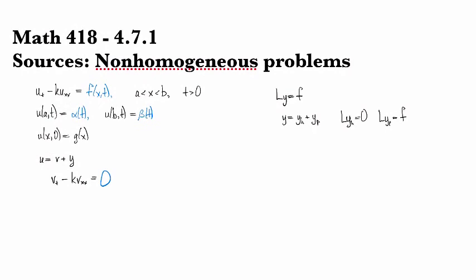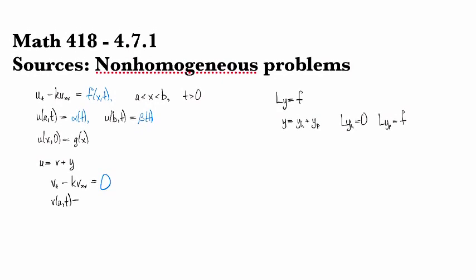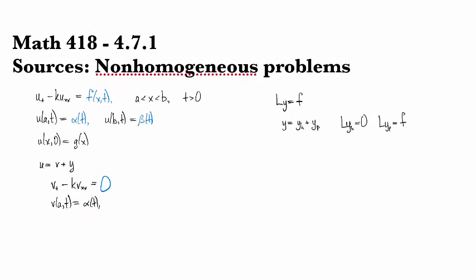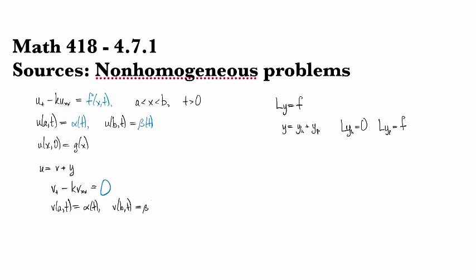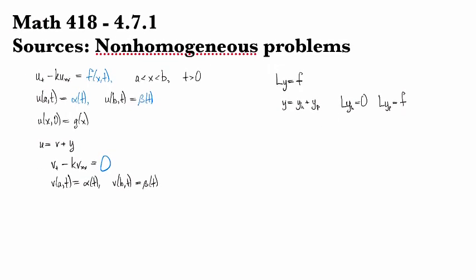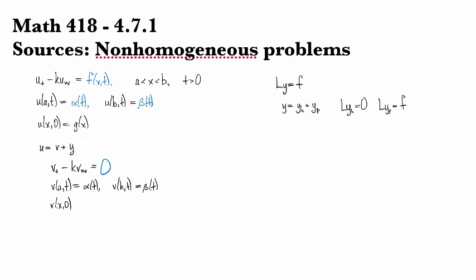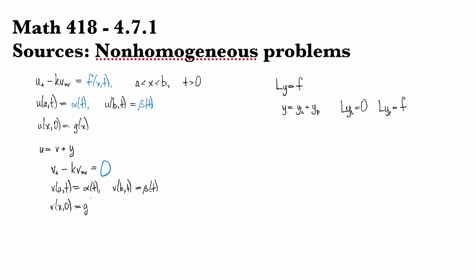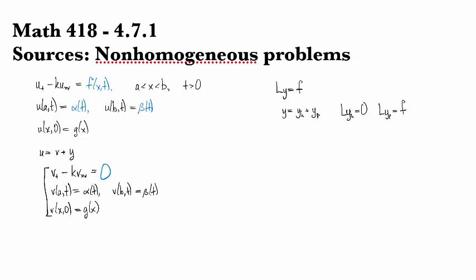And this is on the same interval and everything. And then v at a is still going to be alpha, and v at b is still going to be beta, and we'll still have the initial condition v(x,0) being equal to g(x). Okay, so there's our problem for v.